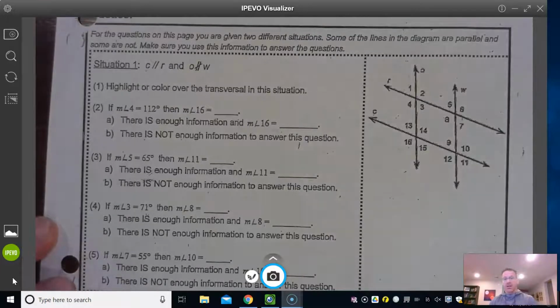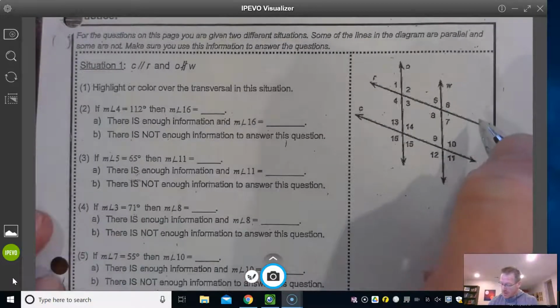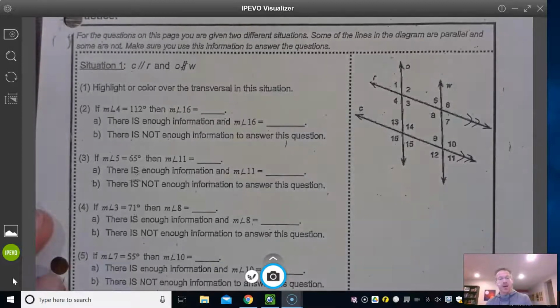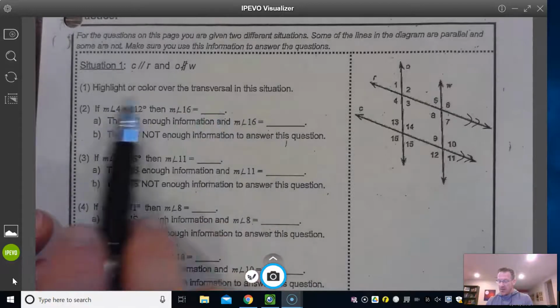Notice in this example, it tells us that C is parallel to R. So these are our parallel lines. Only the pairs of angles that are touching those 2 parallel lines will have those relationships we just identified.